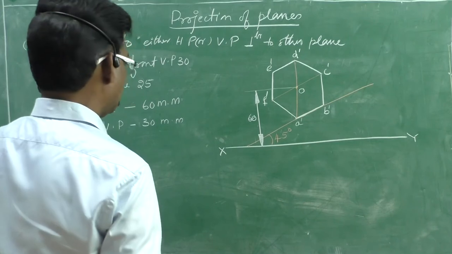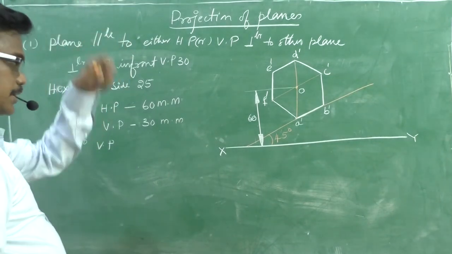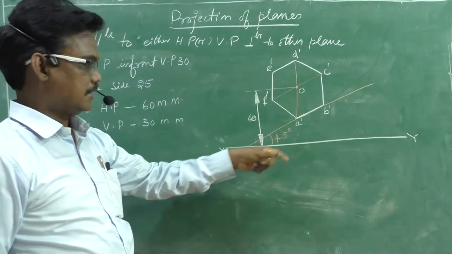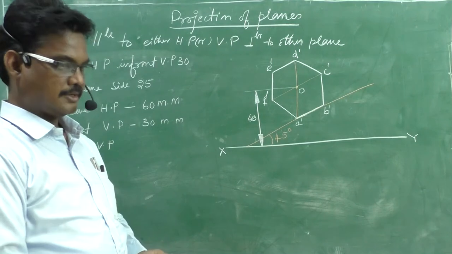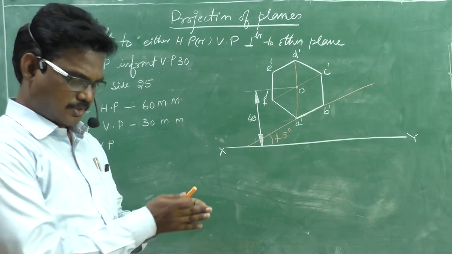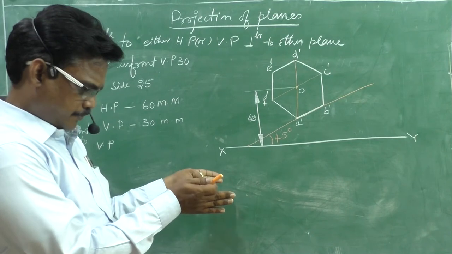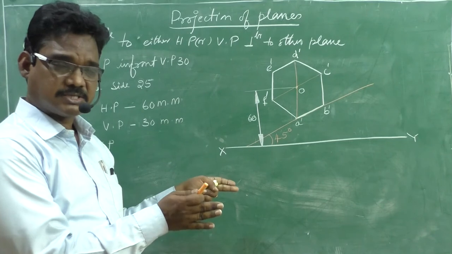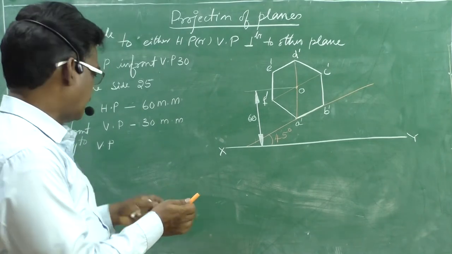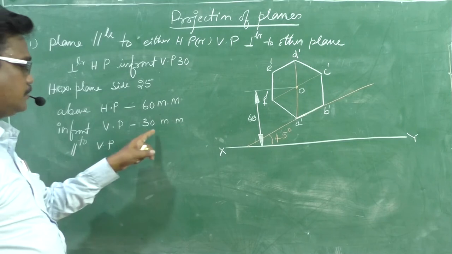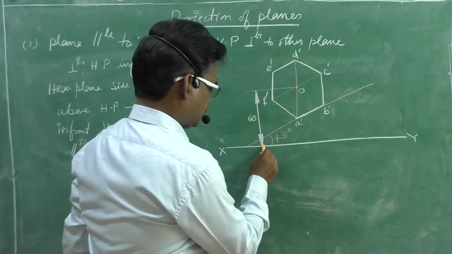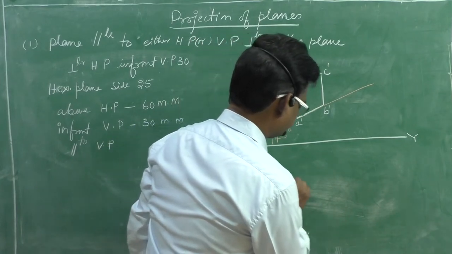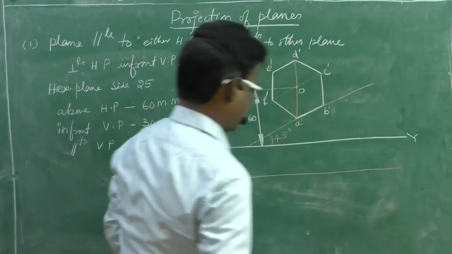Right. Now, come to the top view. When it is parallel to VP, the top view is parallel to the reference line. How much distance do we need to consider? In front of VP, whatever distance the plane possesses, that distance we need to consider in the top view. Now, in front of VP 30 mm. Therefore, from here we consider a distance of 30 mm and draw a line.